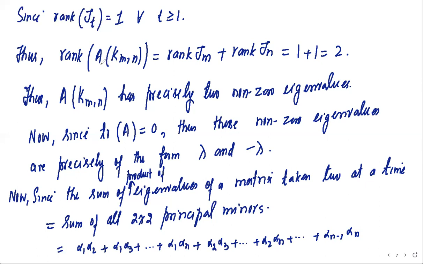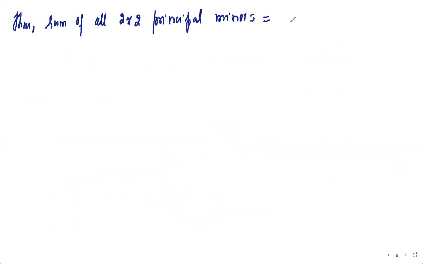Now, since this adjacency matrix has precisely two non-zero eigenvalues, lambda and minus lambda, and all the remaining eigenvalues are equal to 0, if we evaluate this sum, alpha 1 alpha 2, alpha 1 alpha 3, up to alpha n minus 1 alpha n, we will get just one non-zero term, lambda into minus lambda, that is minus lambda square. So the sum of all 2 cross 2 principal minors is equal to minus lambda square.